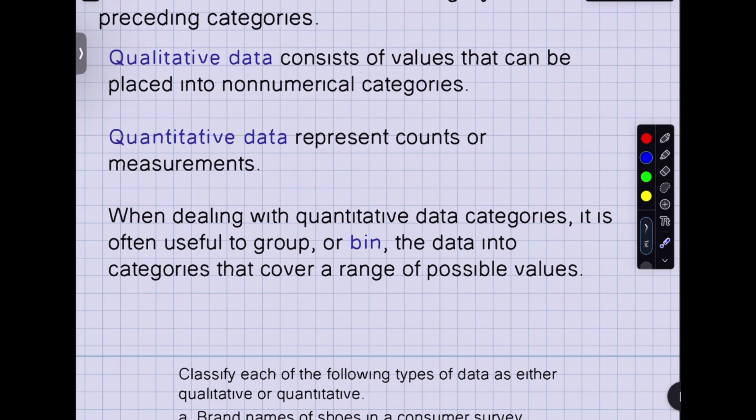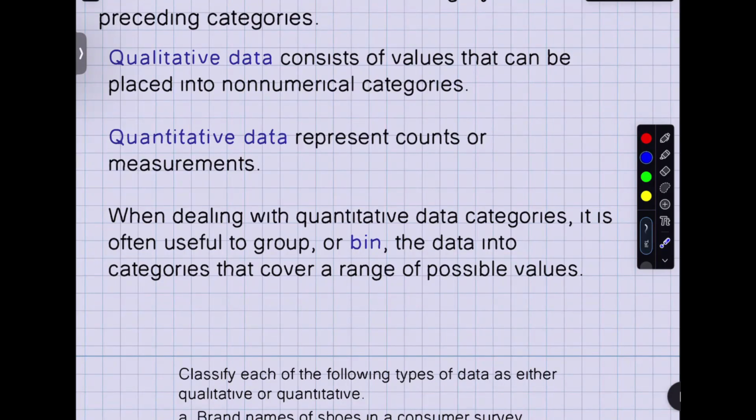So in quantitative, it's useful to use groups or bins. That's your category or your range of possible values. And you're going to see a lot of that. Now, the ranges that they use is typically going to be even. Or I should say the same.